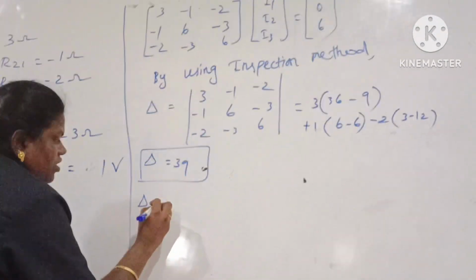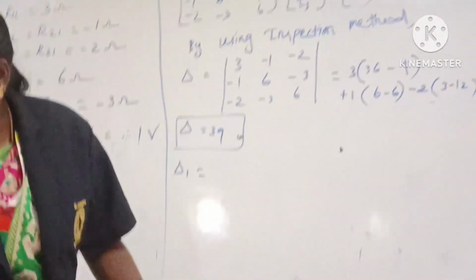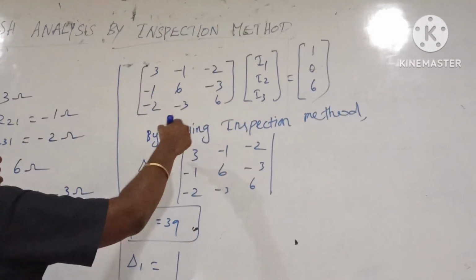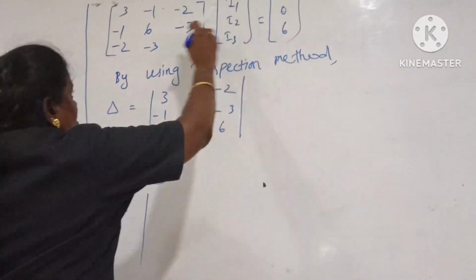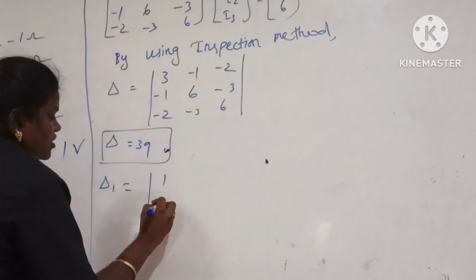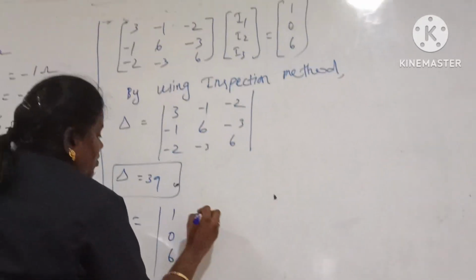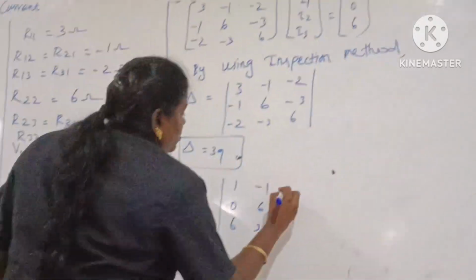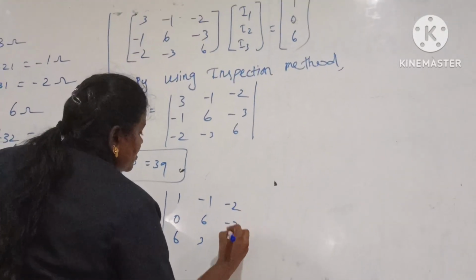Next, find the del 1 value. For del 1, the first column is replaced by the voltage source values 1, 0, 6. The remaining is the same: minus 1, 6, 3, minus 2, minus 3, 6.